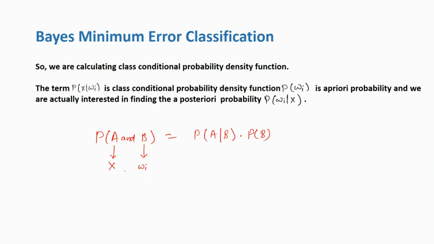So probability of X given omega i multiplied by probability of omega i will be probability of omega i given X multiplied by probability of X.